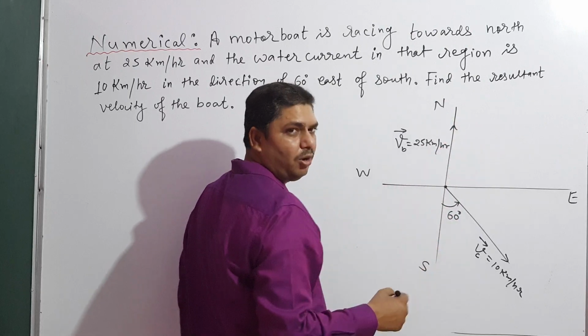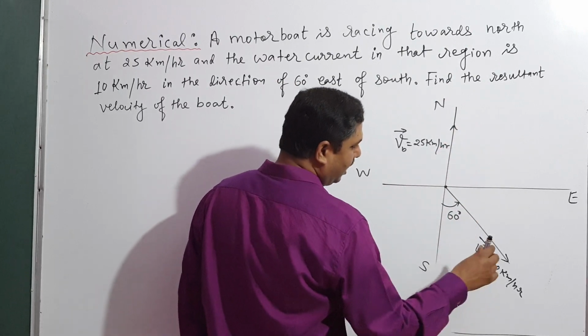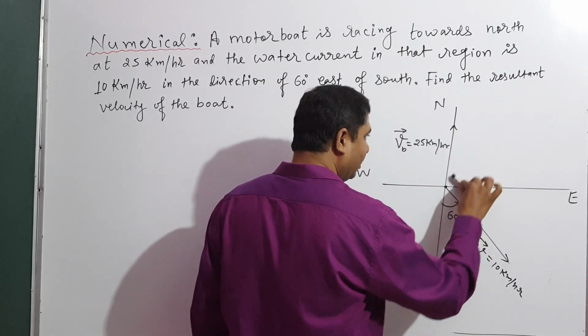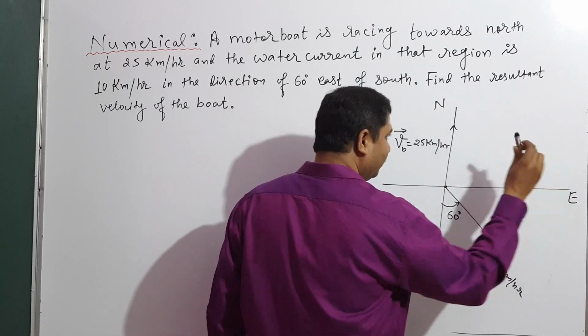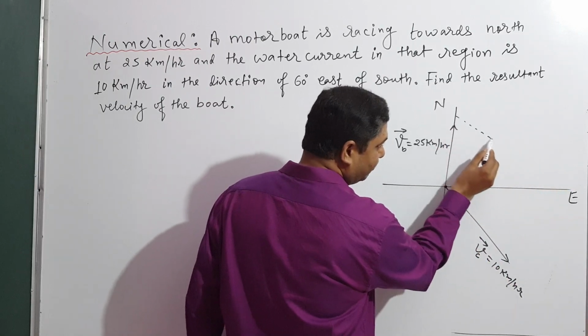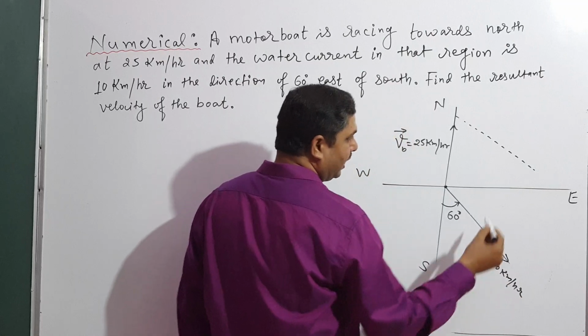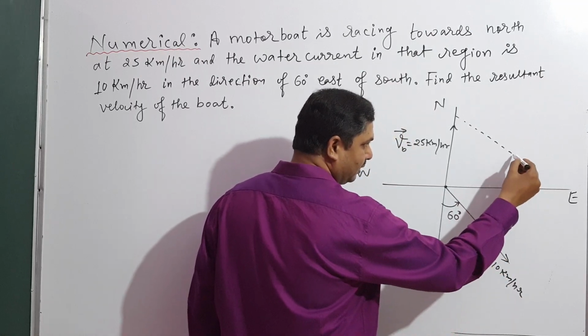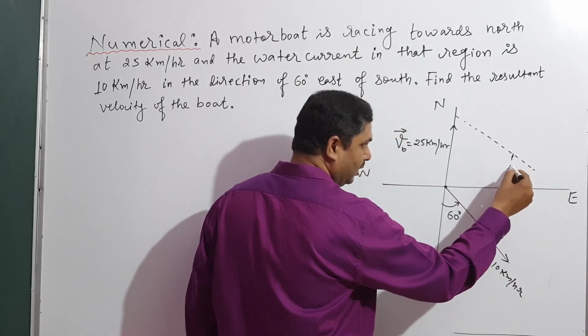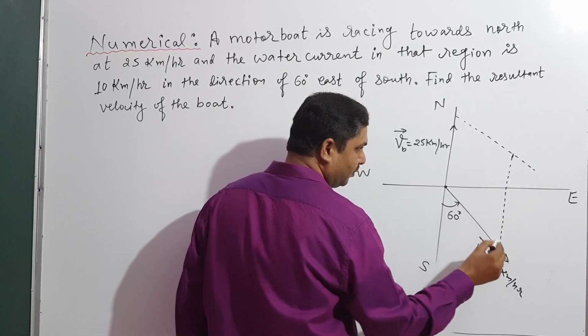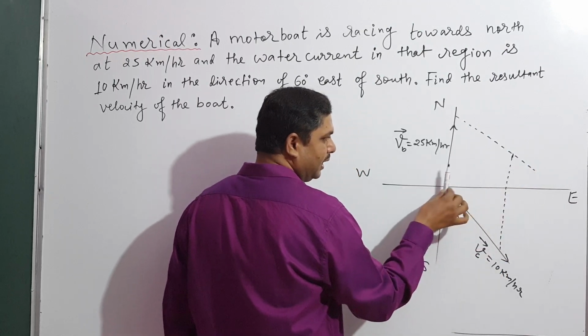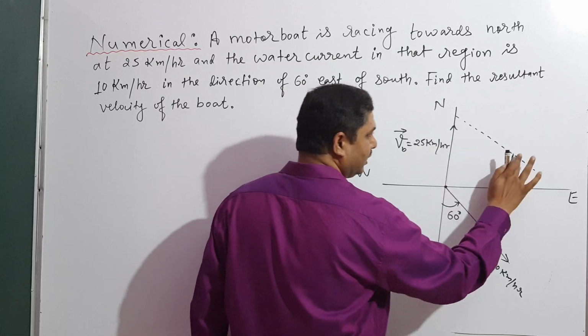Now draw a parallelogram here. For drawing a parallelogram, we need parallel lines. Let us take this as a parallel line, and after that draw a line parallel to the axis. So this line is parallel to this, and this line is parallel to this.